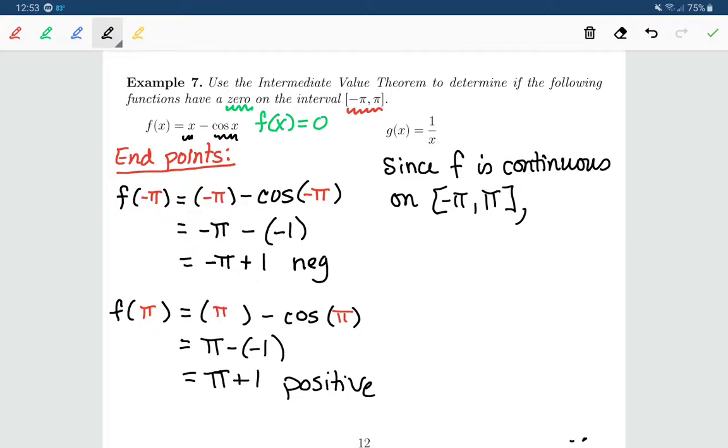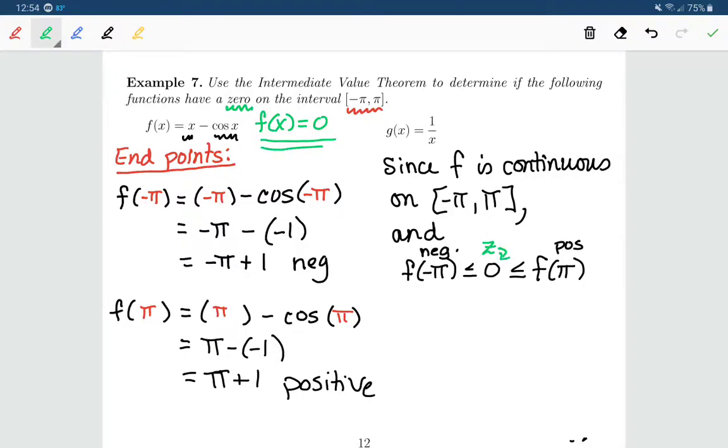So since f is continuous on negative pi to pi, and f of negative pi, the endpoint, is less than or equal to 0, which is less than or equal to f of positive pi, because this is a positive value and this is a negative value, then we've picked z to be equal to 0 because we're looking for where the function equals 0.